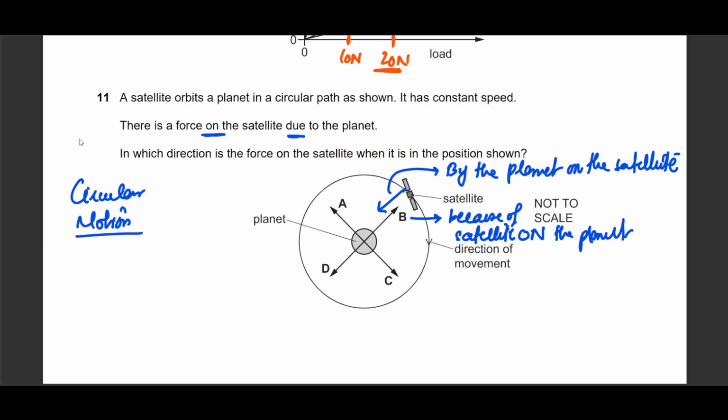You see, he's asking you in which direction the force on the satellite is when it is in the position shown, right? So the force on the satellite is actually in this direction, but that direction is not shown with respect to the satellite itself. Rather, it has been displaced from this location and drawn at this location, right? We understand that we can move around vectors in a free body diagram at our ease for the head to tail rule.